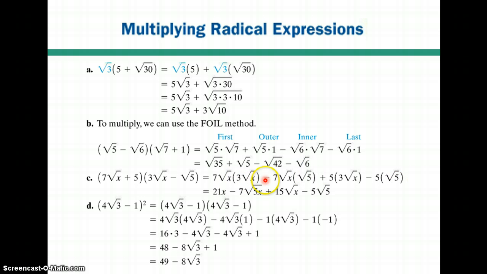By simplifying, we have 7 times 3, 21, square root of x times square root of x is x, minus 7 times.